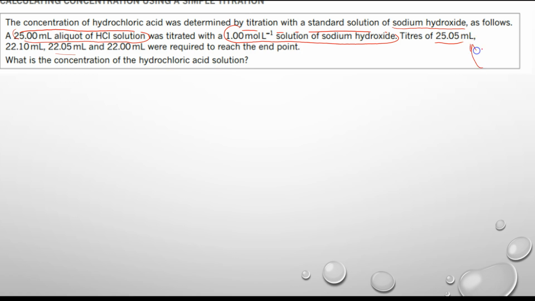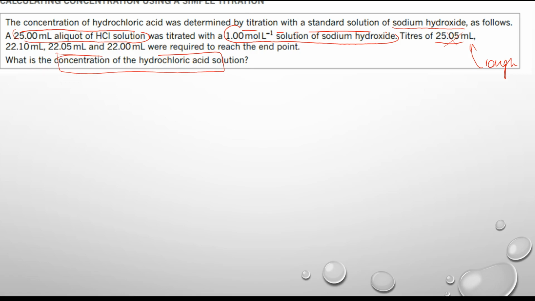So this first one here is obviously our rough run through, and you can see that it is quite different to the other 3 amounts, so we're not going to include that in our calculation. So the question's asking, what is the concentration of the HCl acid?